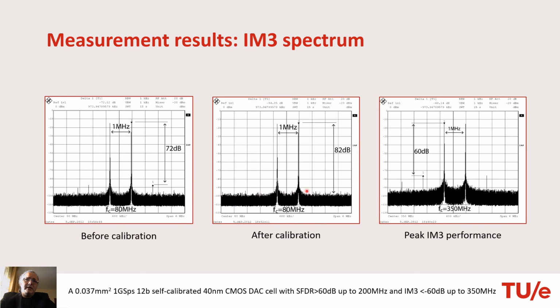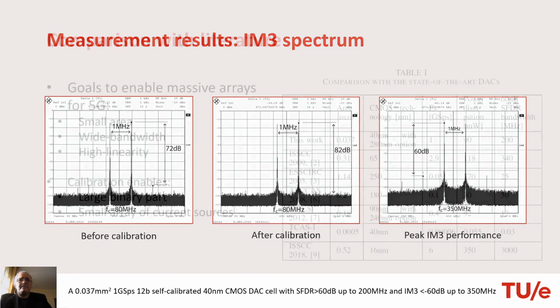See how clean the spectrum is after calibration. So this is at 80 megahertz, and if we push this to 350, which is kind of big performance for this D2A converter, we can measure IMD3 of about 60 dB, around 350 megahertz.